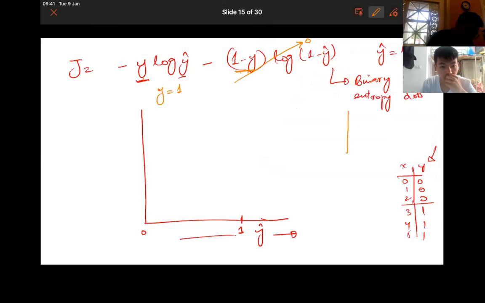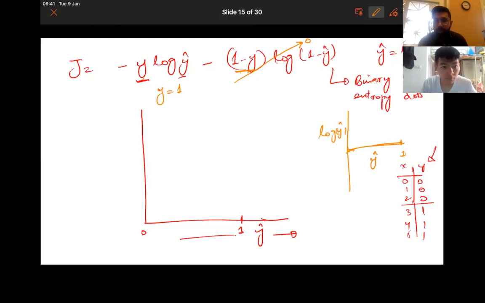So on the side, let me plot y hat and log of y hat. And I have to plot it between 0 and 1. So what is log of y hat when y hat approaches 0? What is log of very small positive numbers? So I'm asking you this: log of y hat, limit y hat approaches 0. What do we get here?